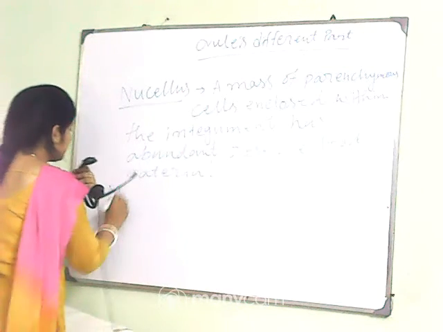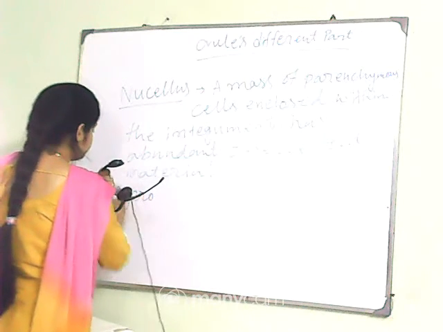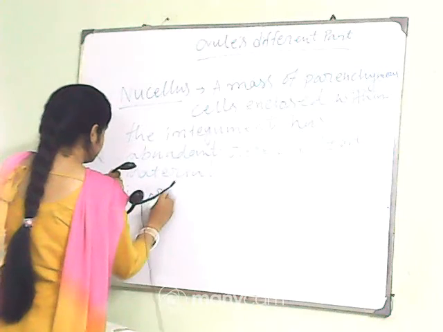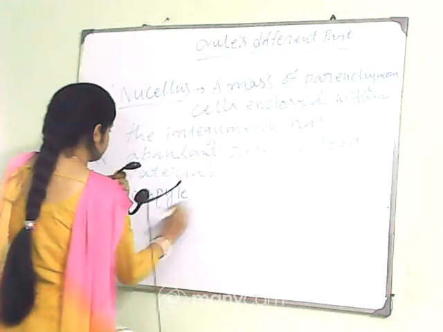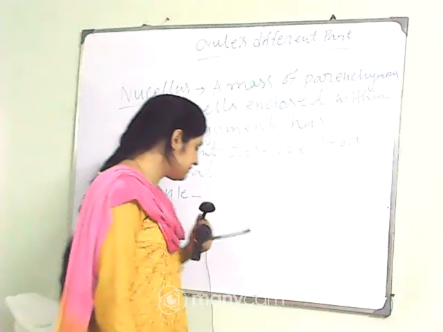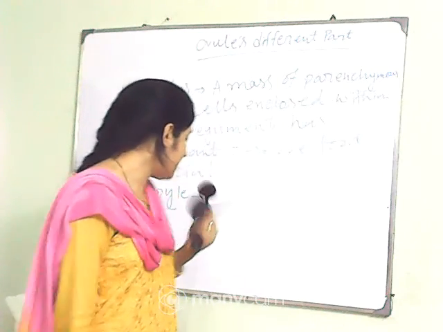Micropyle. What is the micropyle? The integument encircles the nucellus except at the tip and leaves a narrow passage.